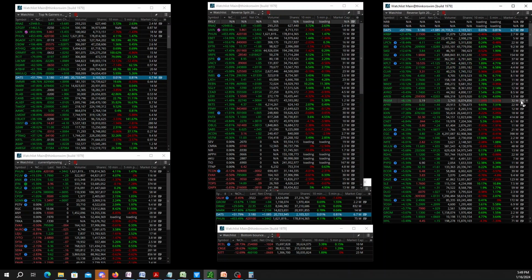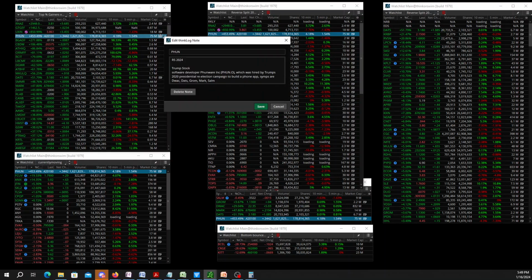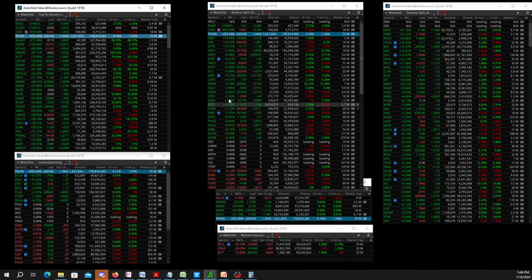So any data or the workups I did in the past is totally gone, but it's there, and I like having it there because on my main watch list here, when reverse splits pop up, a little tag pops up here, and it tells me what the stock is, and then I can put in what it is and then what the sympathies would be, so then I know exactly what kind of watch list I need to go look for, right?